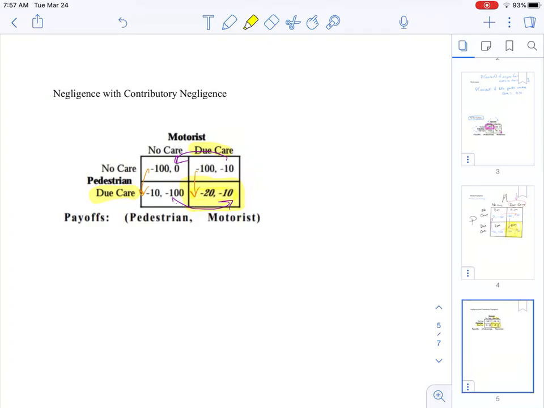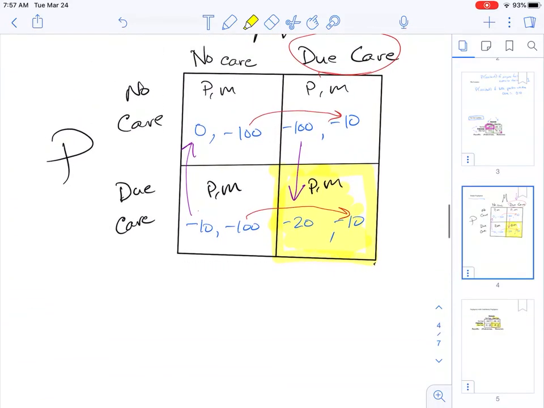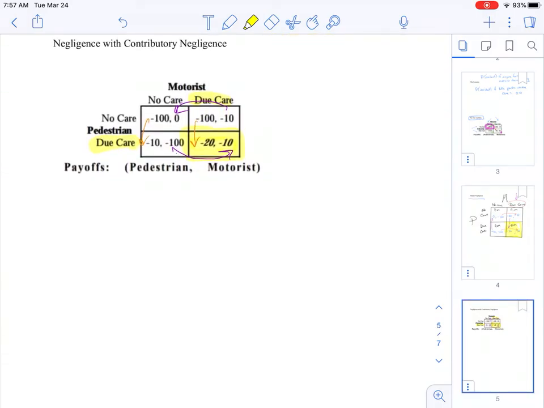So negligence with contributory negligence, if you look at the values in the cells, they're actually very similar to what we did up here. In both cases, we end up at the Nash equilibrium, the likely outcome, down here where both parties exercise care.